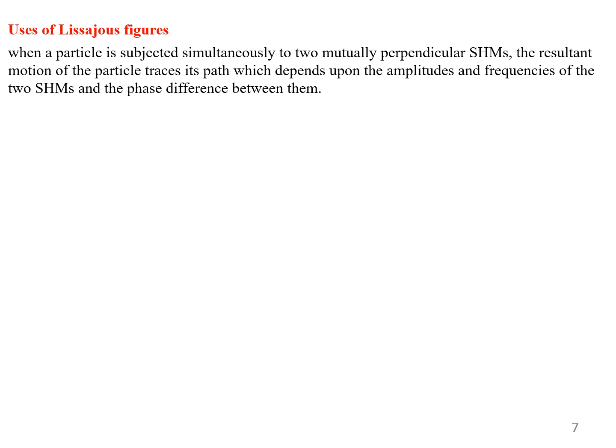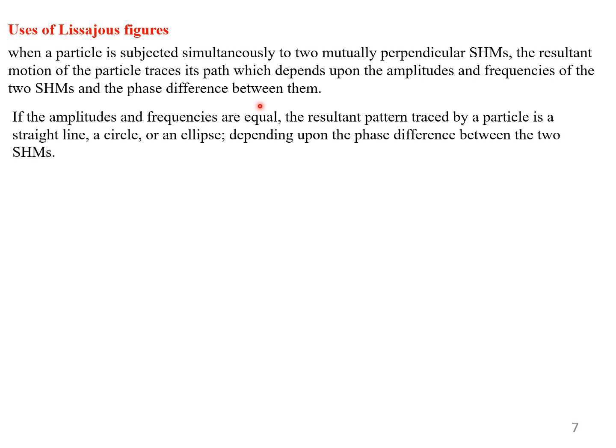Now we will discuss the second point, uses of Lissajous figures. In 1857, Lissajous demonstrated that when a particle is subjected simultaneously to two mutually perpendicular simple harmonic motions, the resultant motion of the particle traces a path which depends upon the amplitudes and frequencies of the two simple harmonic motions and the phase difference between them.